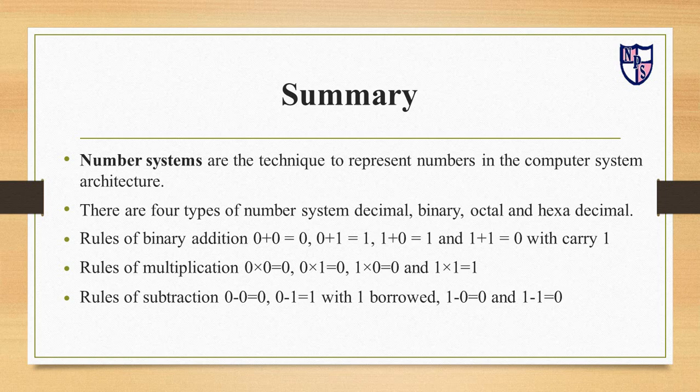Then we have the rules of subtraction. 0 minus 0 is equal to 0, 0 minus 1 is equal to 1 with 1 borrowed. 1 minus 0 is equal to 1 and 1 minus 1 is equal to 0. And then we performed multiplication and division on binary. So that's all for today's lecture.